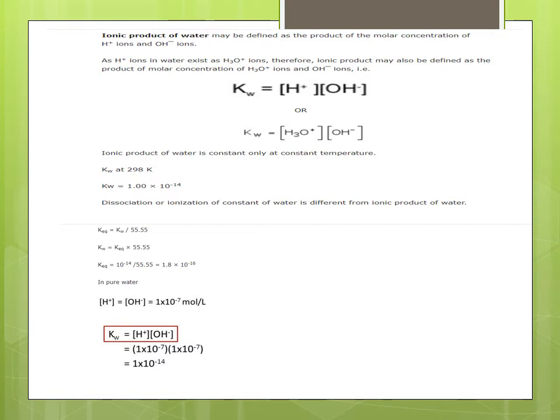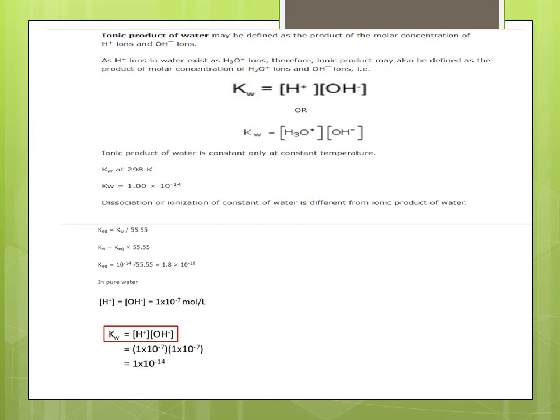So Kw is equal to molar concentration of H+ and molar concentration of OH-. Therefore, Kw can be written as molar concentration of H3O+ and molar concentration of OH-. Now, the ionic product of water is constant only at constant temperature.